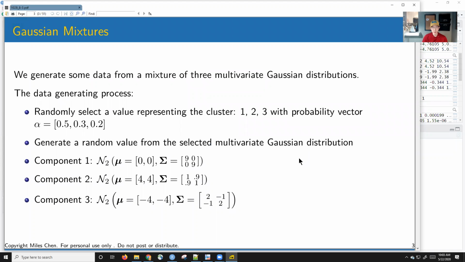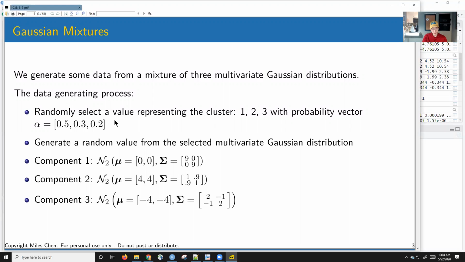All right, so what I'm going to do is generate some data from a mixture of 3 multivariate Gaussian distributions. You could do any kind of mixture that you want, but today we'll do 3 multivariate Gaussian distributions, and this is how we're going to do it.